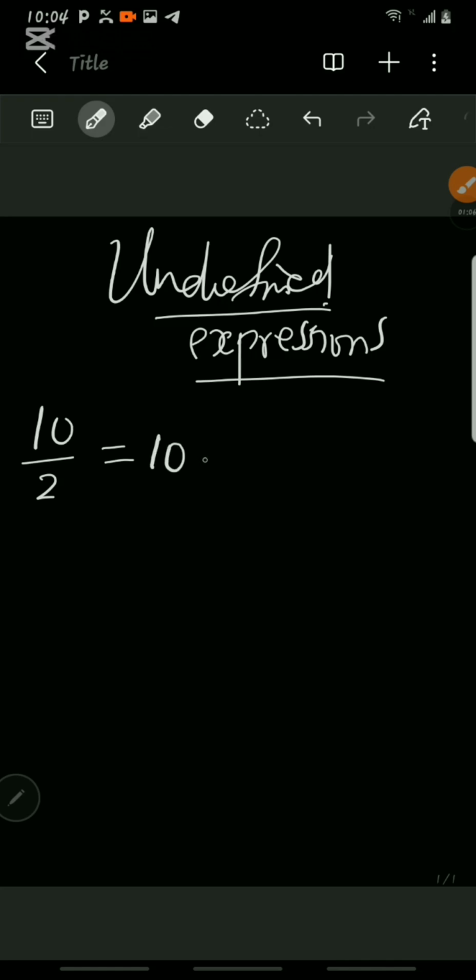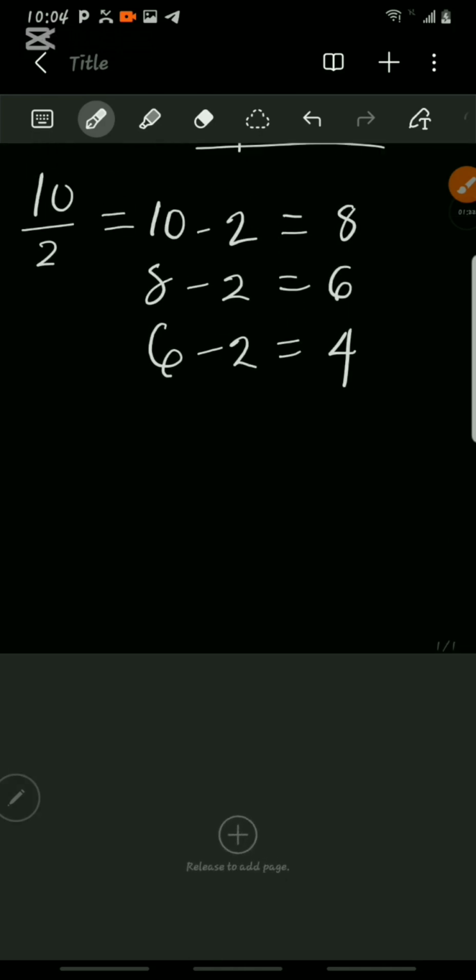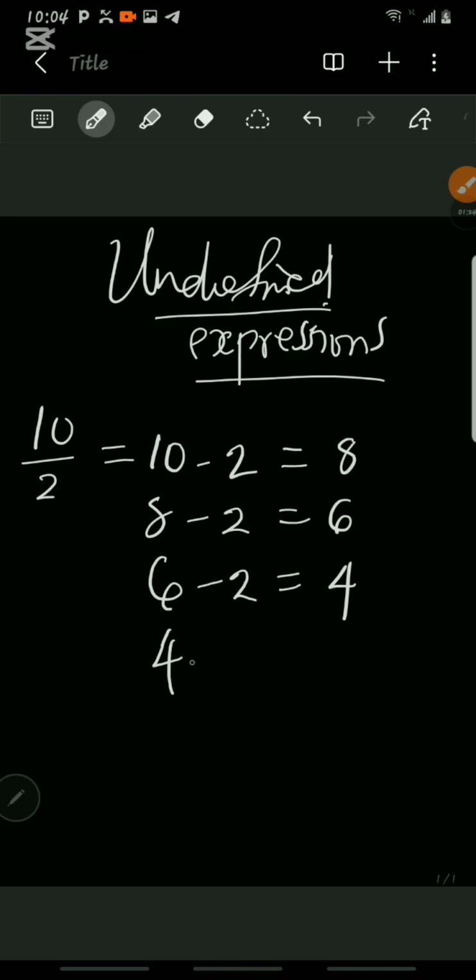So you're having 10 minus 2 gives you what? 8, right? Then 8 minus 2 gives you what? Gives you 6, right? Then 6 minus 2, that gives you 4. And then 4 minus 2, that gives you 2.